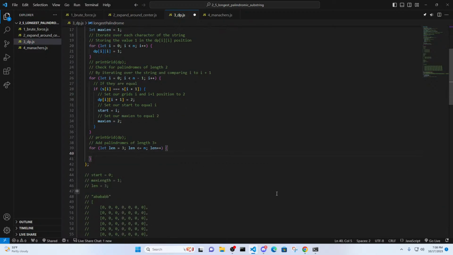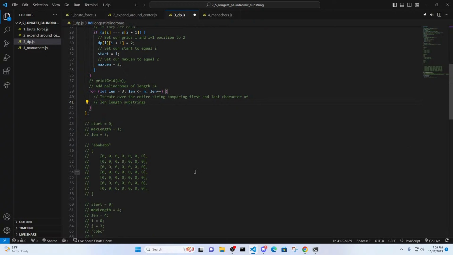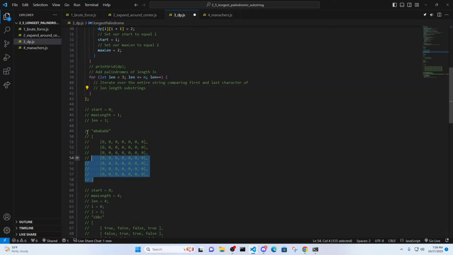And then inside, we're just going to iterate over the entire string, comparing first and last character of length substrings. And so let's go ahead and just do this example really quickly.